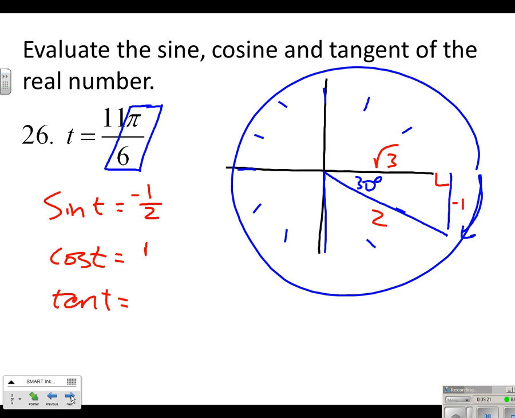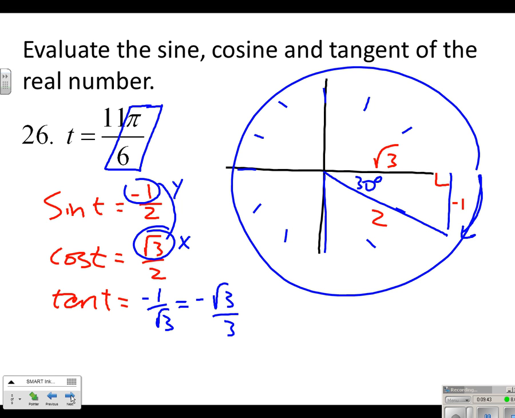Cosine, x on r, root 3 on 2. I said on the last slide that if there is no rationalizing or reducing, there's tangent for you right there. Negative 1 on root 3, because this is y, this is x. So that, if you felt compelled, would be negative root 3 on 3. Of course, they're both equivalent.